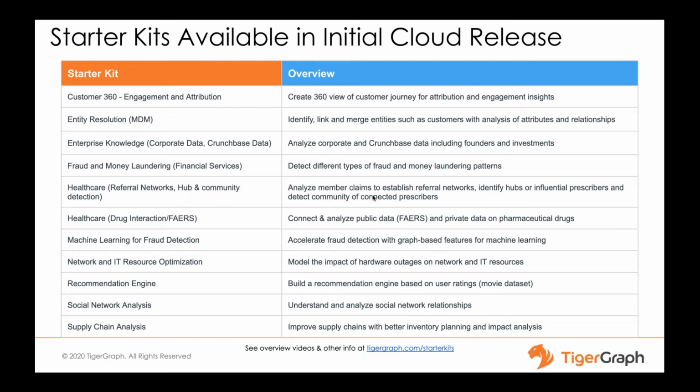To start with, last September we initially launched TigerGraph Cloud. We already had 10-plus starter kits to capture the use cases in different industries, including some of the very popular ones, for example, Customer 360, entity resolution, and fraud and money laundering in financial services. These are some of the top use cases we see.